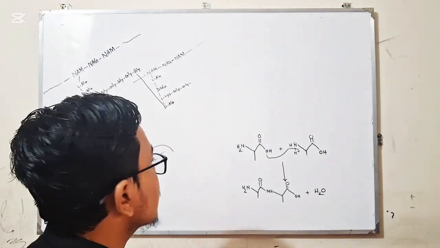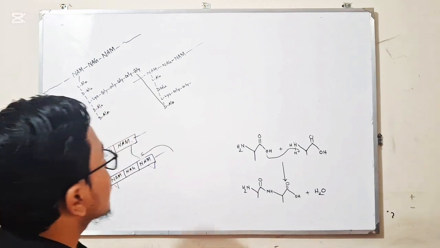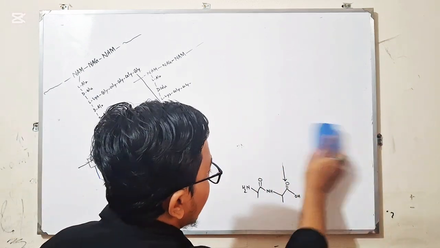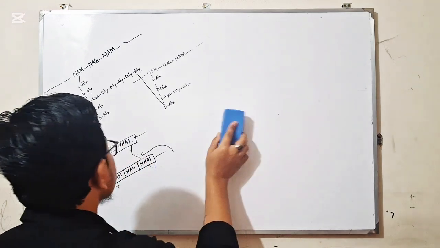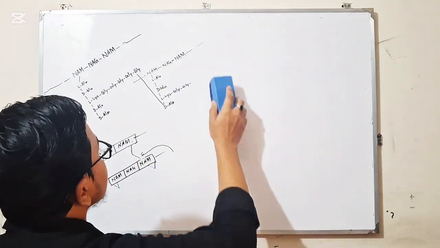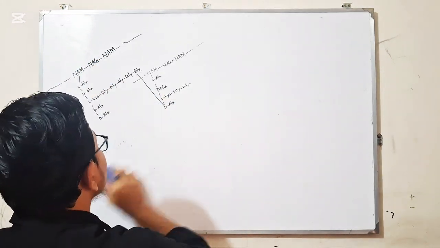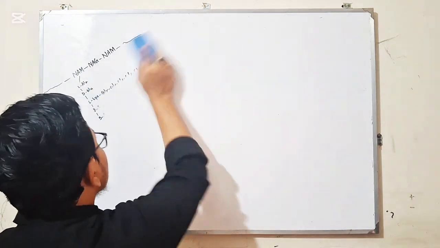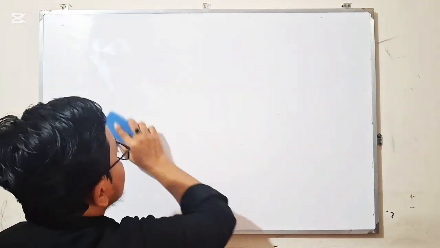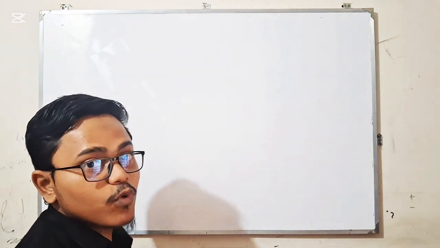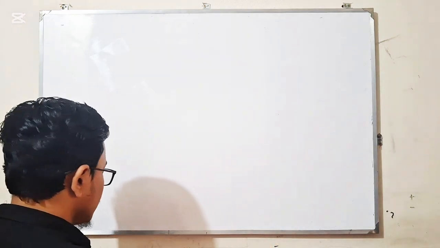Let's know the basic function: how the transpeptidase acts in this cross-linking, and how penicillin blocks it. That's quite an interesting part.